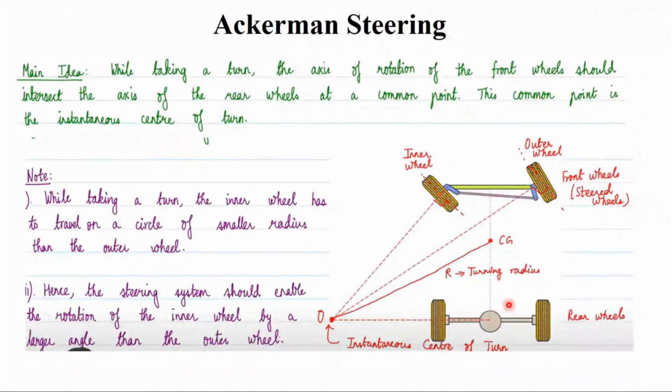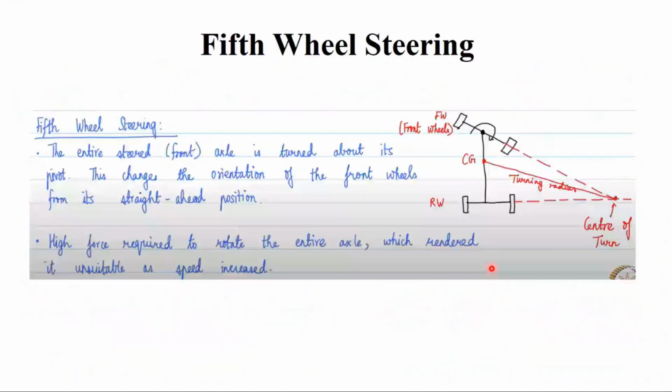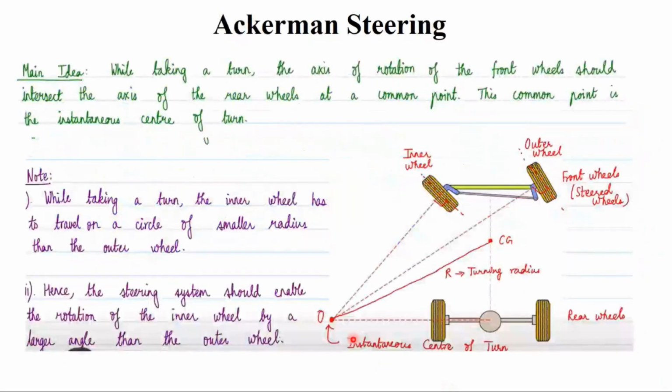Now, I told you in the last slide, when the vehicle is turned right, the center of turn meets at a point in the right direction. Similarly, when the vehicle is turning left, the center of turn will be in the left direction. This center of turn is nothing but the instantaneous center of turn.